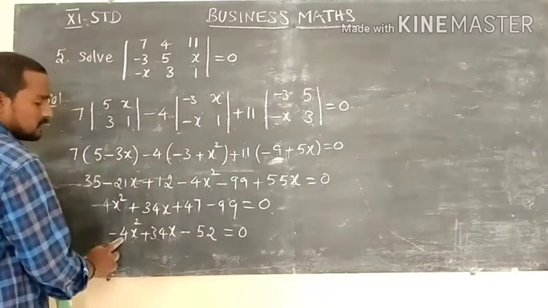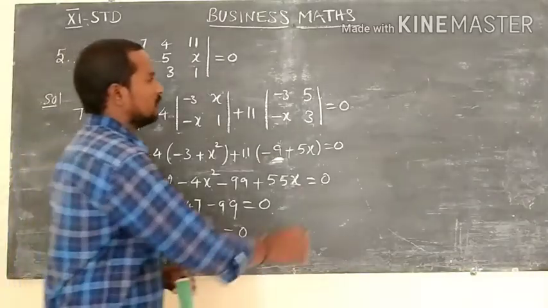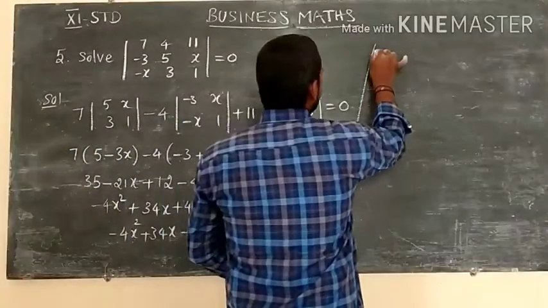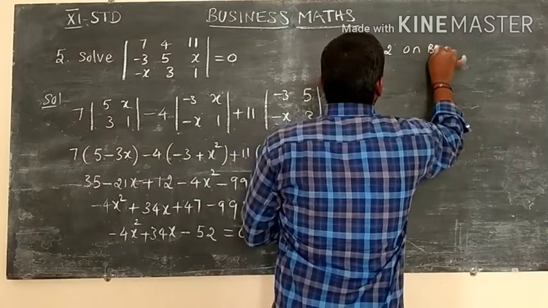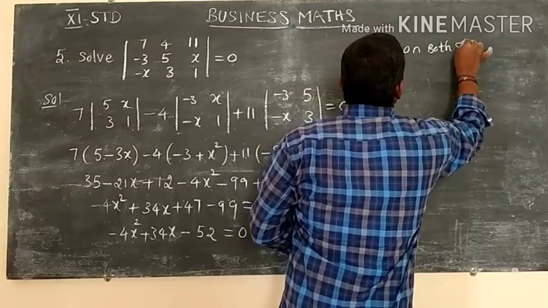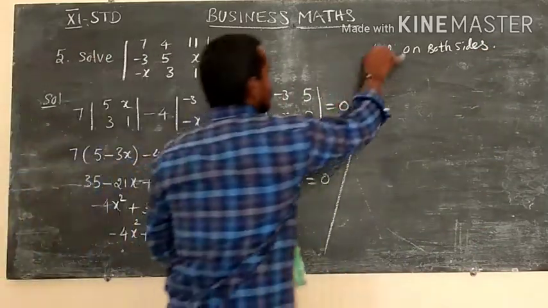These three numbers are exactly divisible by 2. So divide by 2 on both sides.